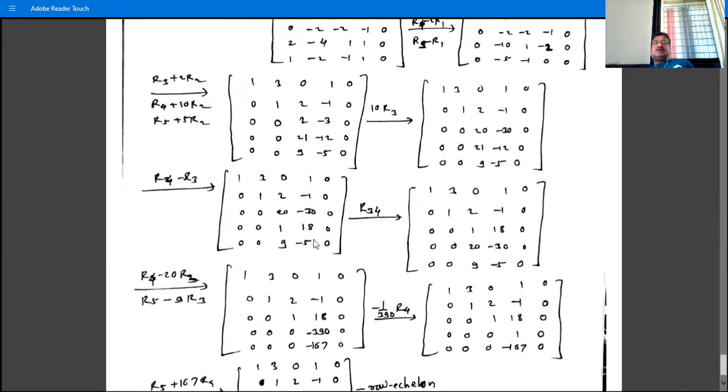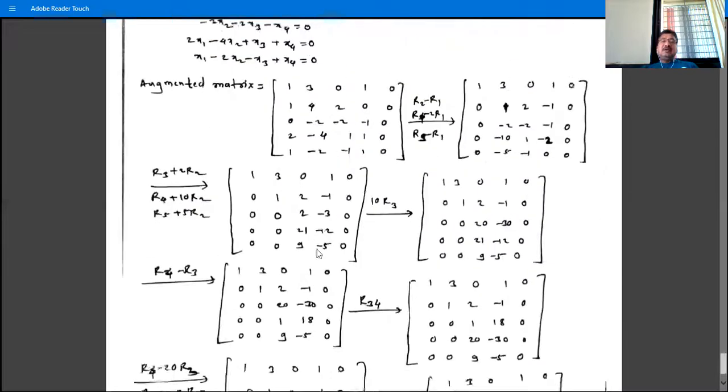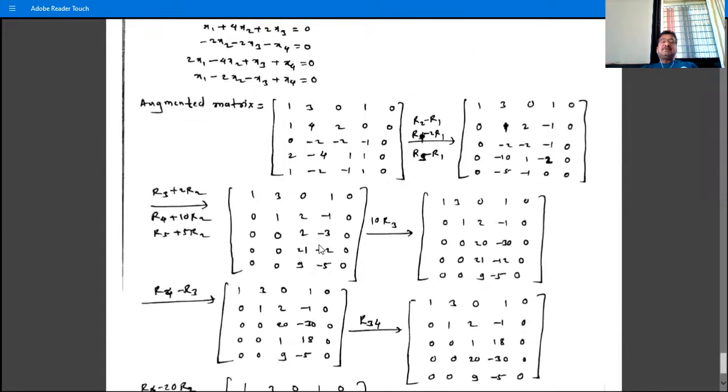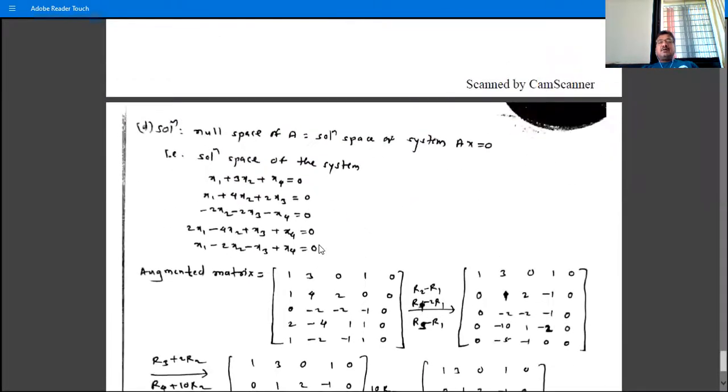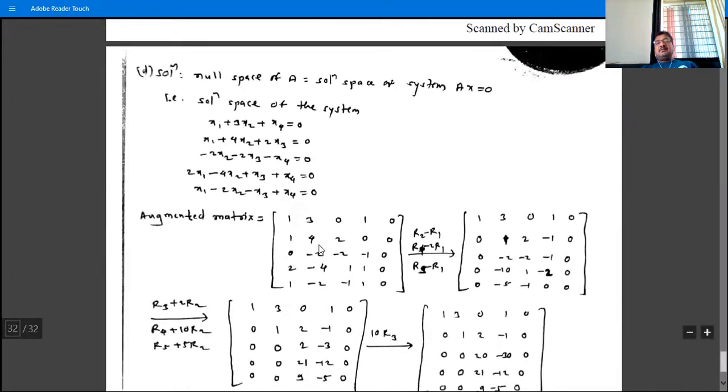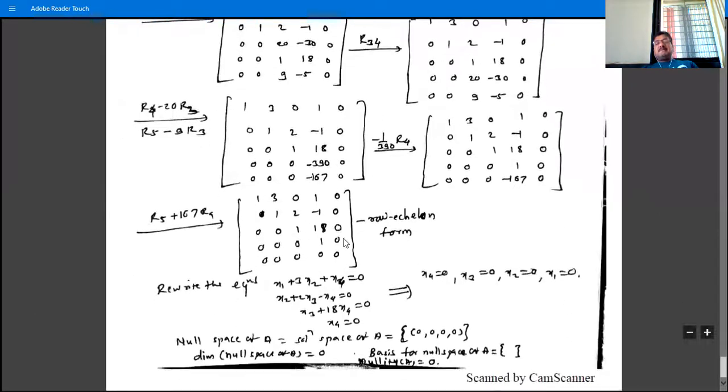So this is somehow a different example from the remaining examples. In order to find the basis for the null space or the nullity of the matrix, we have to find the solution space. After rewriting the equations from row echelon form, if we assign one variable, then the nullity of the matrix is 1.